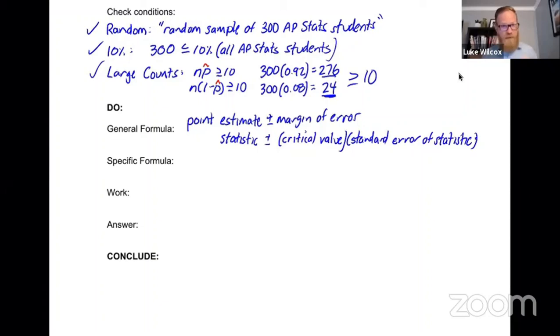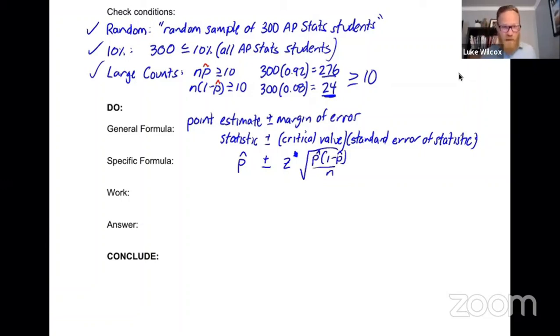All right, so let's be careful of our notation here. The statistic is the proportion based on the sample, which is our p hat, plus or minus our critical value. We know is going to be a z star critical value, which comes from a normal distribution. And then the formula for the standard error of the statistic here is the square root of p hat times 1 minus p hat, all divided by n.